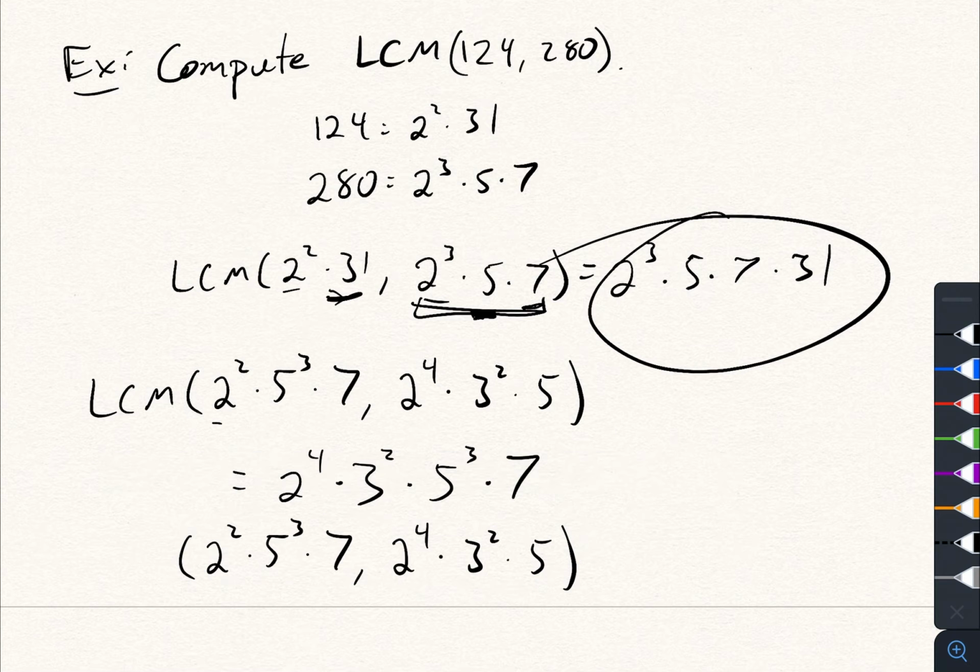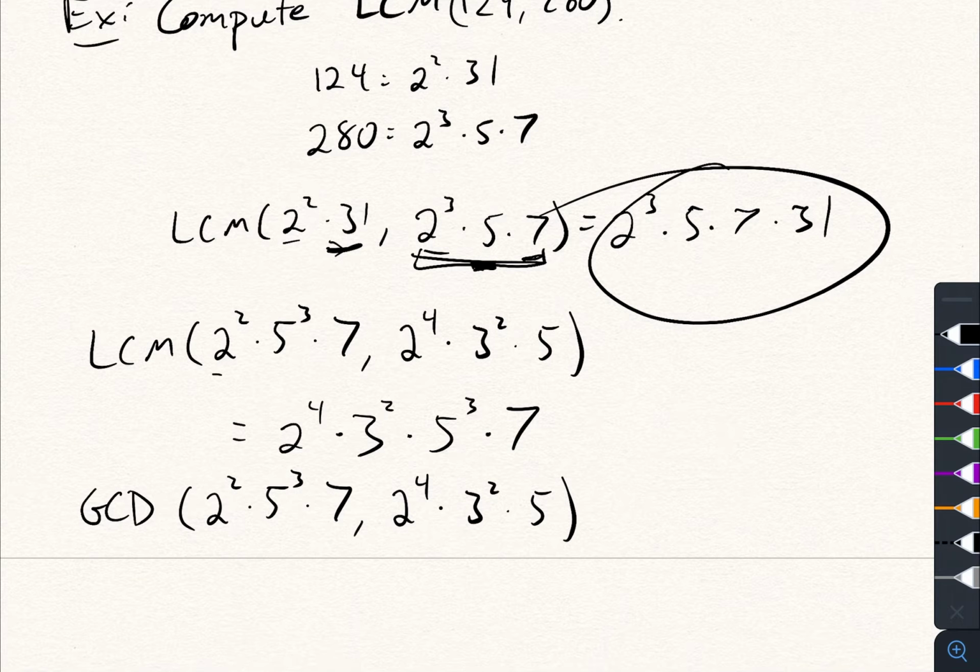With GCDs, we got our prime factorizations and then we just picked the smallest of the exponents for each factor. So here we'd have 2 squared. We wouldn't have any 3's in here. The smaller exponent for the prime factor of 3 is basically 0, because there's a 3 to the 0 over here. And then we would do times 5 to the first, and then we wouldn't have any 7's here. Okay.